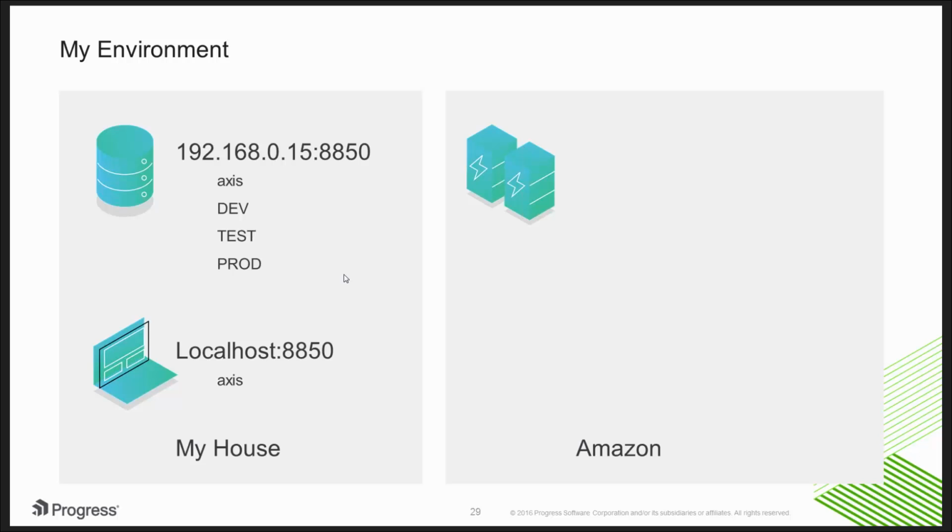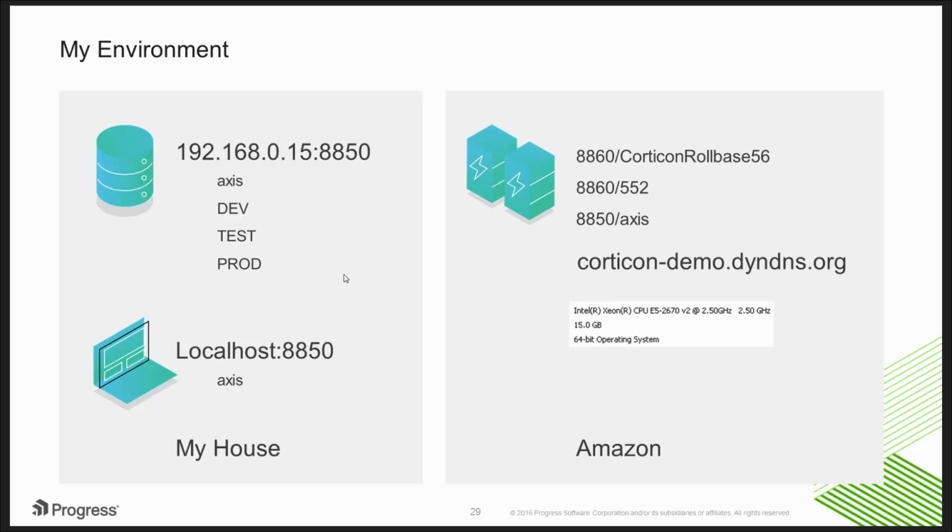And then on my laptop, I also have the default access. And then I also, up in the cloud, have several other instances of Corticon. So in all, I've got like 6 or 8 different instances of Corticon servers, all of which have different rule models in different states.